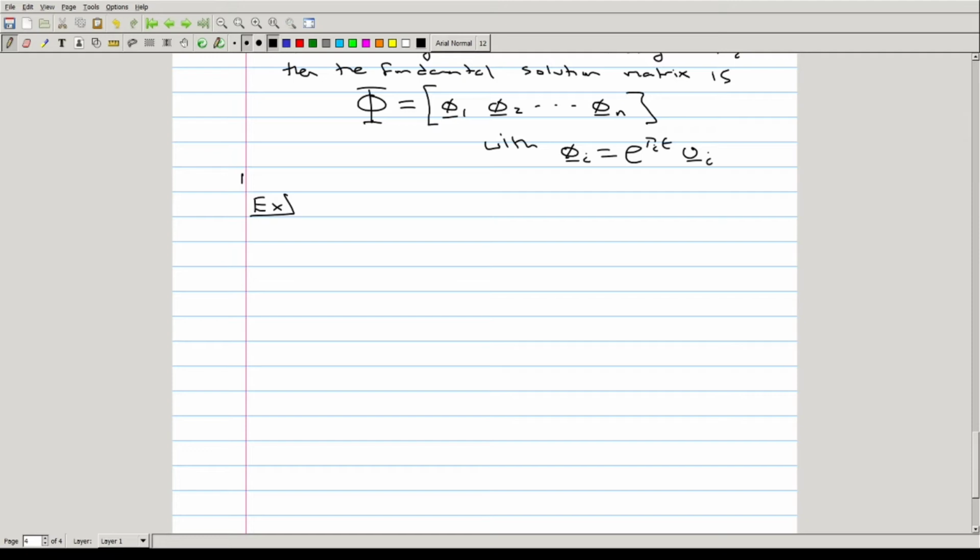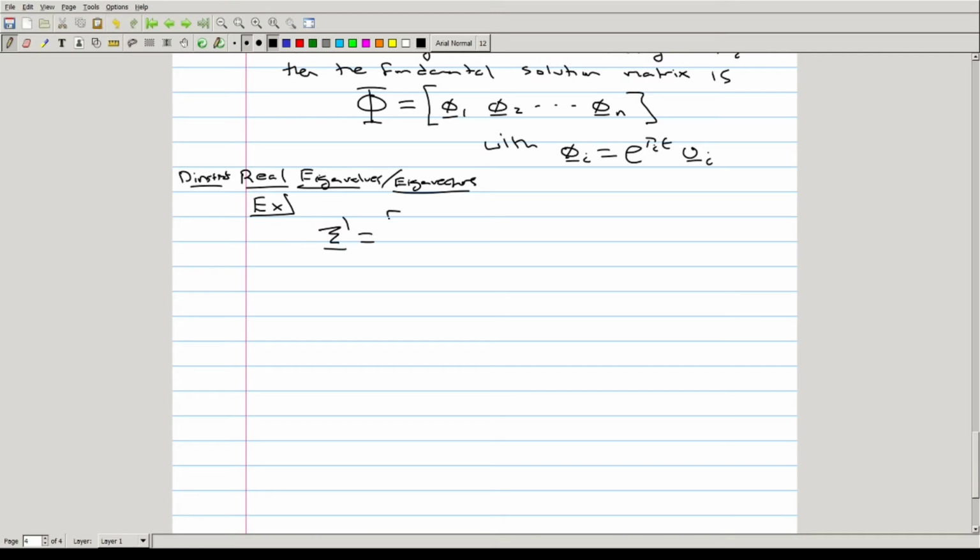This first example will indicate what happens when we have distinct real eigenvalues. This will be the differential equation.